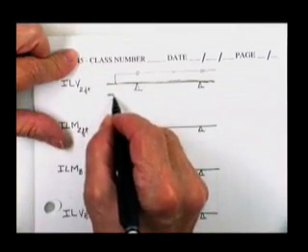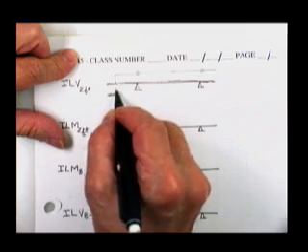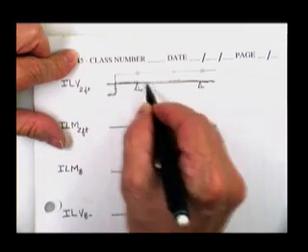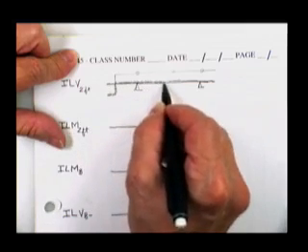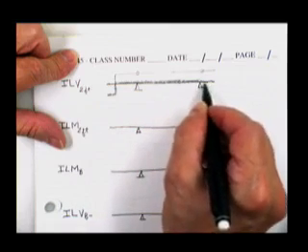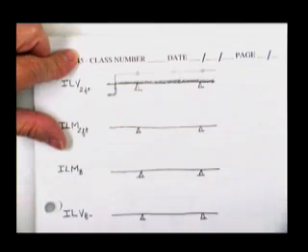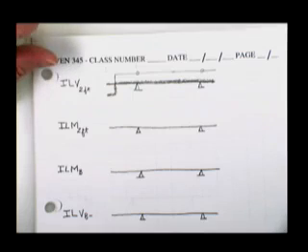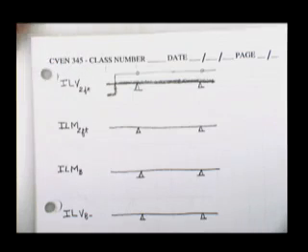I'll draw a wiggly line for the final answer for the influence line. Just that simple. And I tell you what, it always works. Sometimes it's a mess to see what's going on. You got to move it and translate it and rotate it, but it always works.